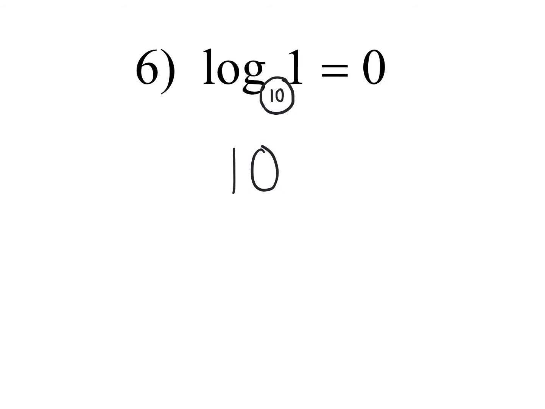Zero or 1? Which one? What's our exponent? Is it 1? So we start with the base and then we switch these two. So the 0 is our exponent and then that's equal to 1.